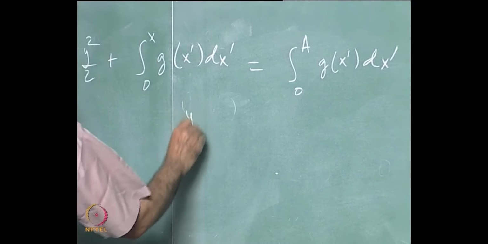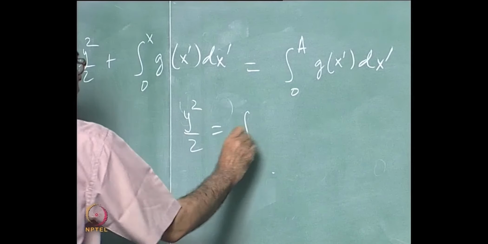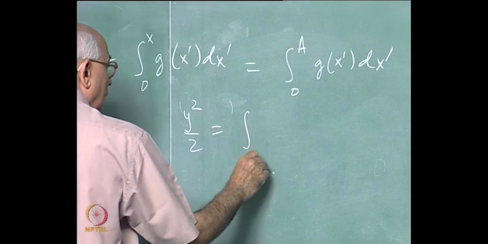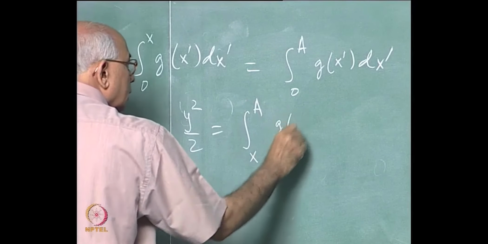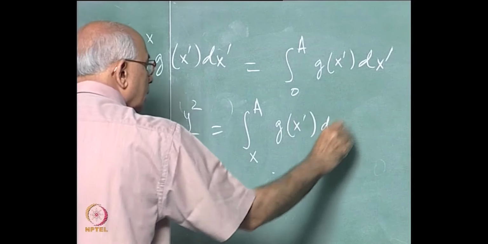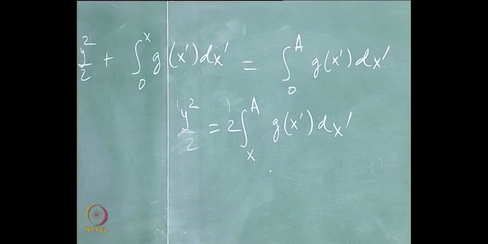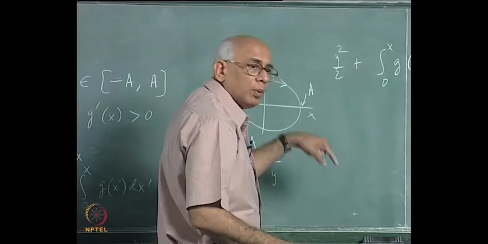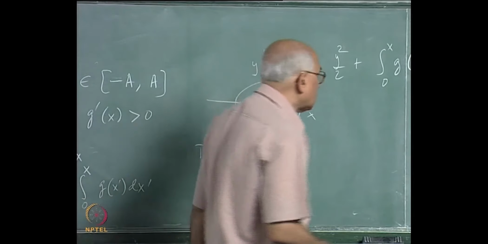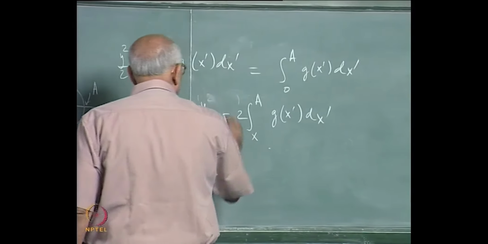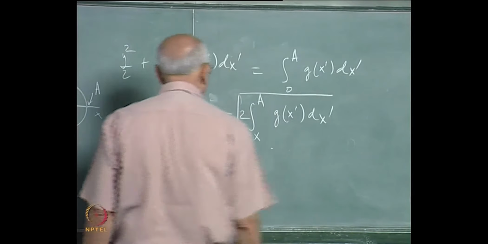So this implies that y squared over 2 equals the integral from x to a of g of x prime dx prime, with a 2 there, and on this segment y is positive, x dot is positive. So y is equal to the square root of this whole thing.